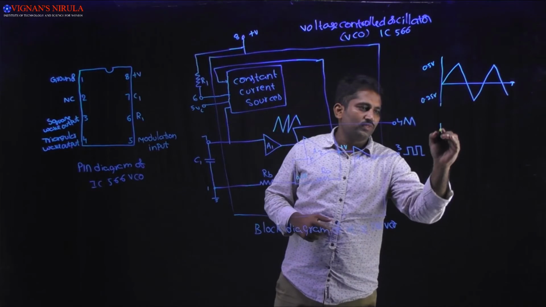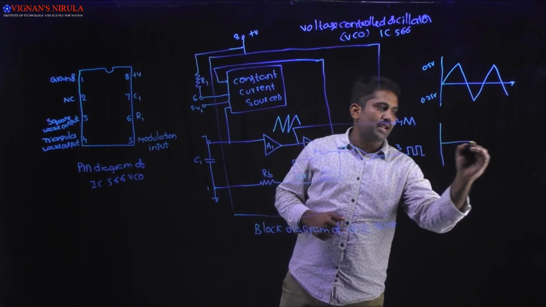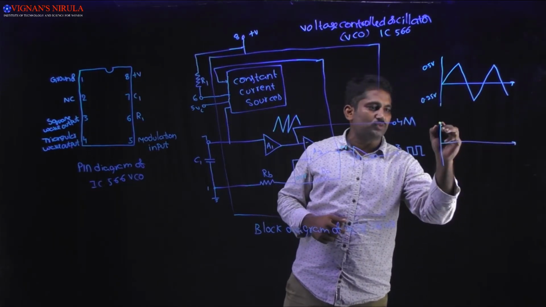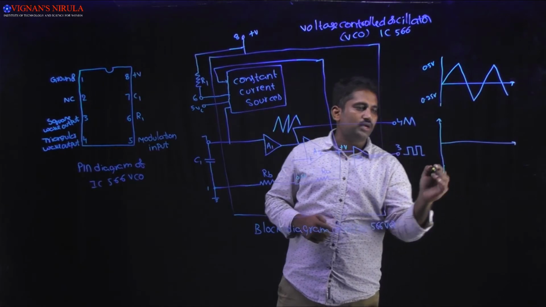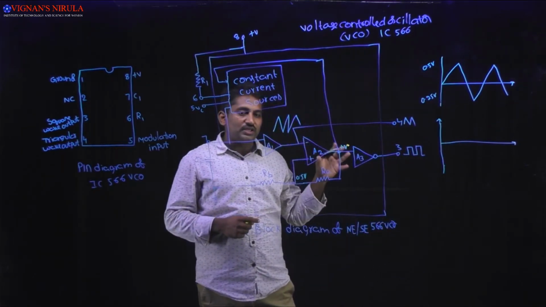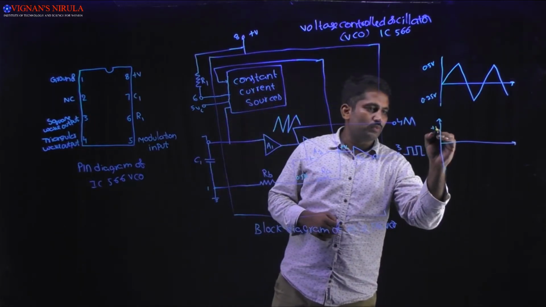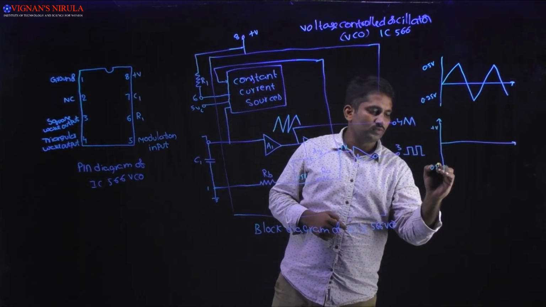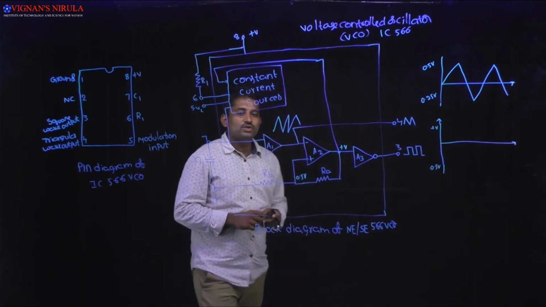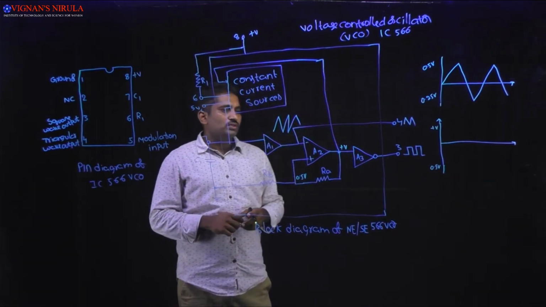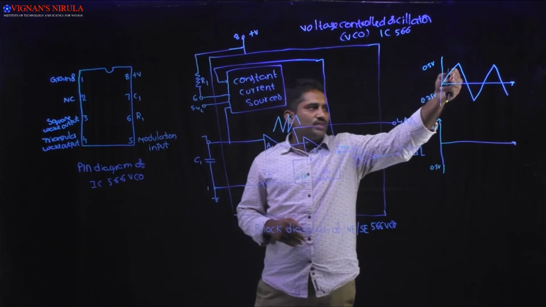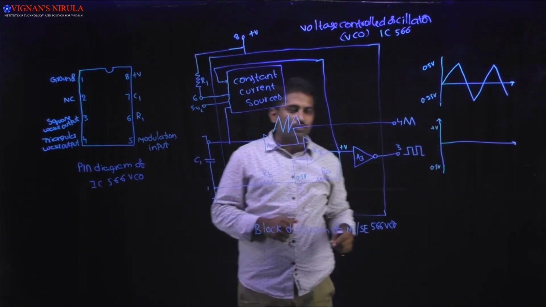Now listen, the output of the Schmitt trigger. Here I am going to represent the output of the Schmitt trigger. Already I told you that the output of the Schmitt trigger is designed to be plus V to 0.5 volts. Yes or no? Now tell me what happens if it goes beyond that 0.5 volts.